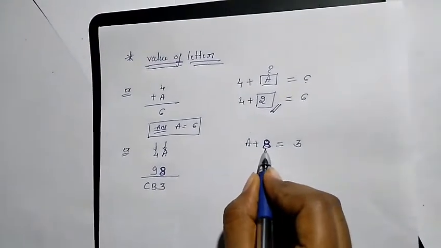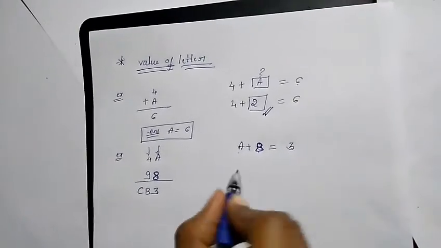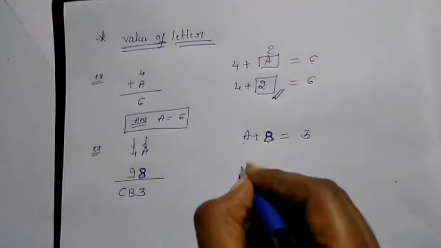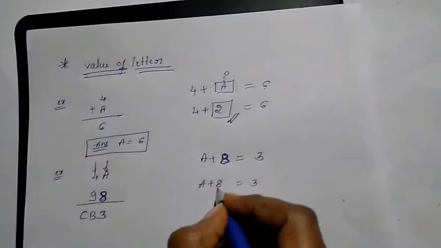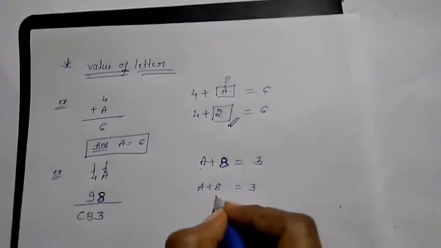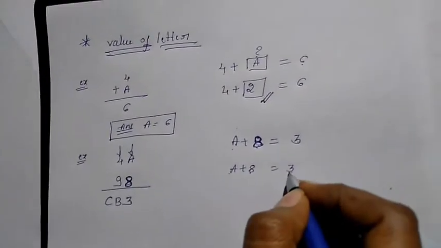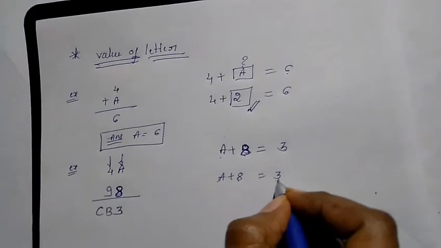Now think that A plus 8 equal to 3 is given. Let me write this again: A plus 8 equal to 3. Observe, 3 is a lower number. If you add to 8, 8 plus 0 is 8, 8 plus 1 is 9, so it is not possible to get the lower number.